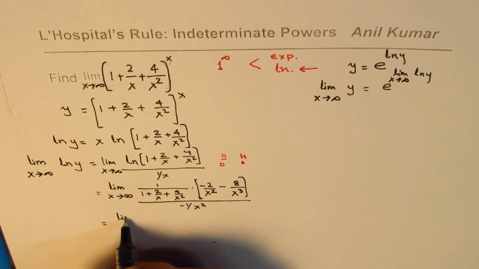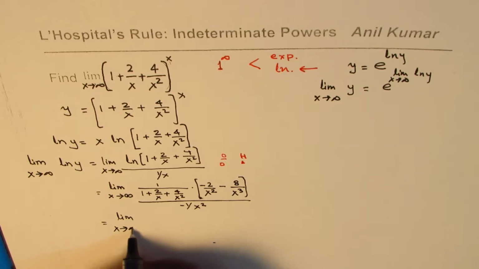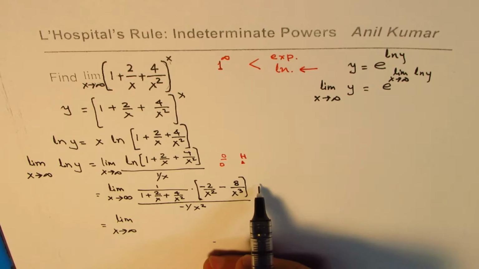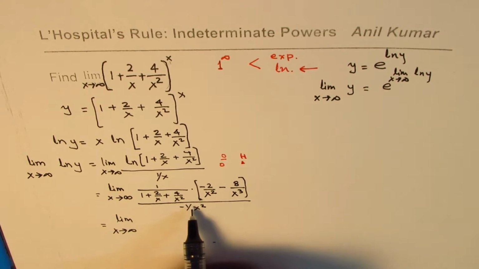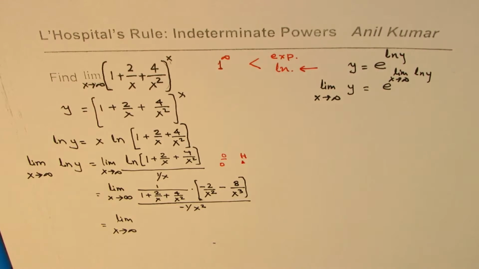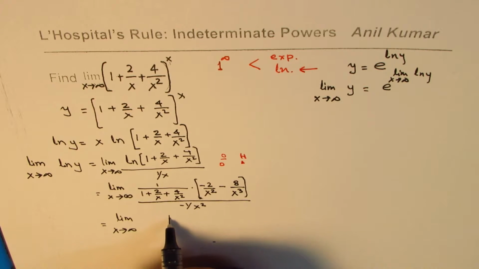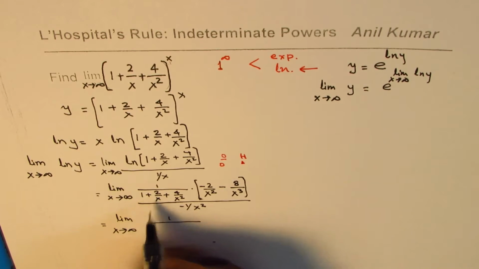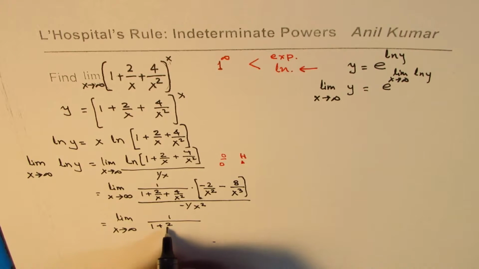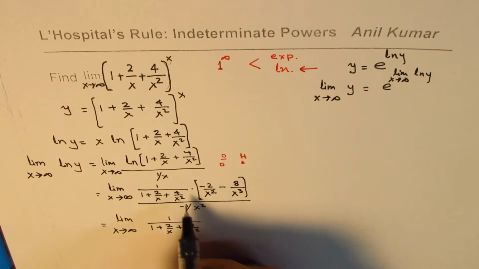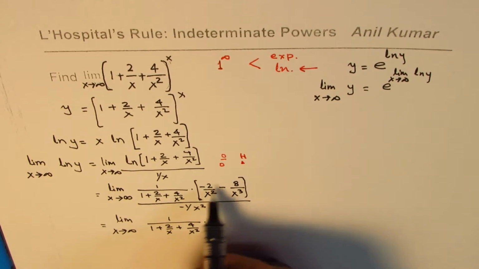Okay, so we have limit x approaches infinity. Now I'll take this minus x squared in the numerator, so we'll kind of get rid of one layer of fractions, right? What we get here is 1 over this term, which is 1 plus 2 over x plus 4 over x squared, times this term.